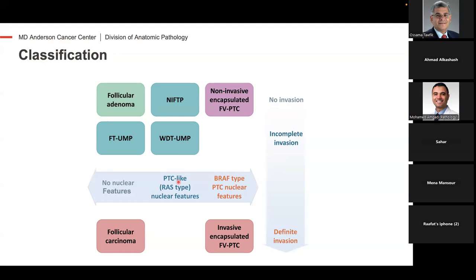The PTC-like nuclear features are usually associated with RAS mutated lesions, and you have the PTC nuclear features which are strong. These are BRAF type mutations, and you see that in the classic type of PTCs or follicular variant of PTCs. Okay, so I'm going to go over this as I move along.